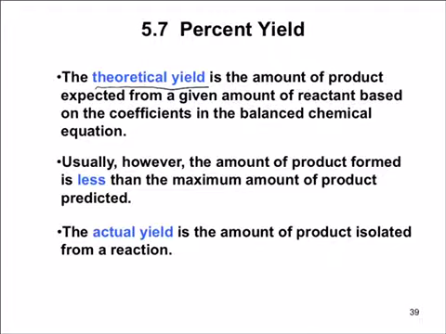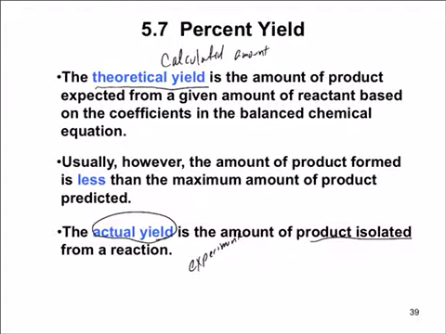I could not get a 100% reaction. Some reactions only go just a few percent to completion. So what we actually get is the actual yield. This is the amount of product that we get from the reaction. So theoretical yield is the calculated amount, and actual yield is the experimental amount.